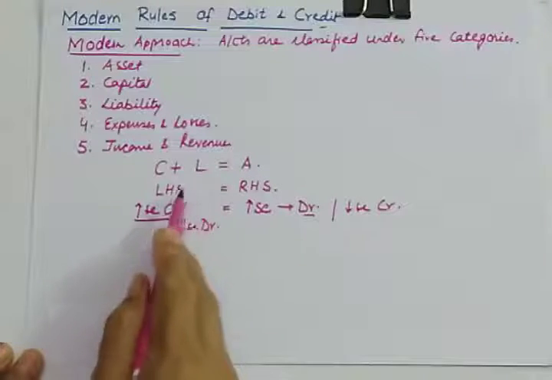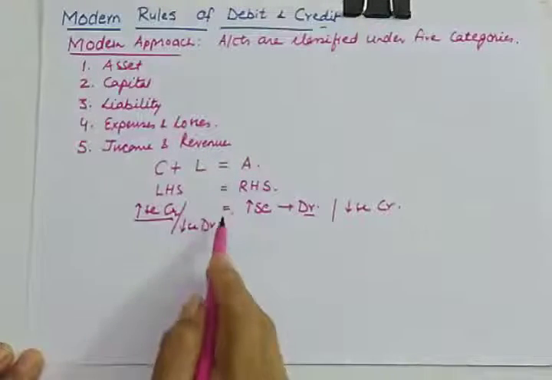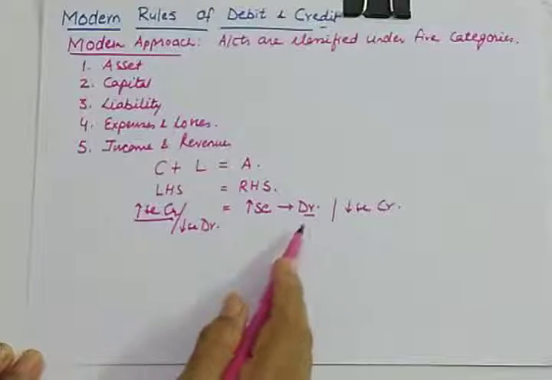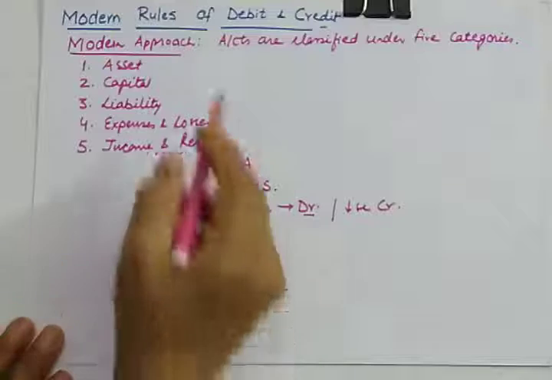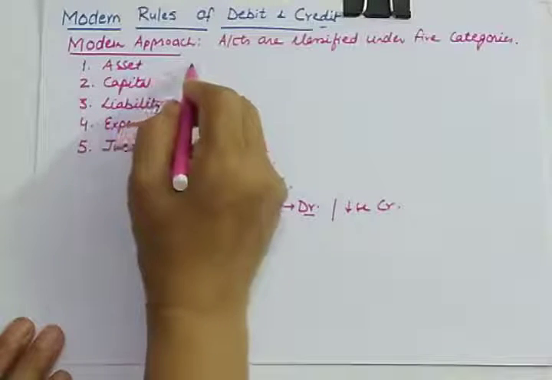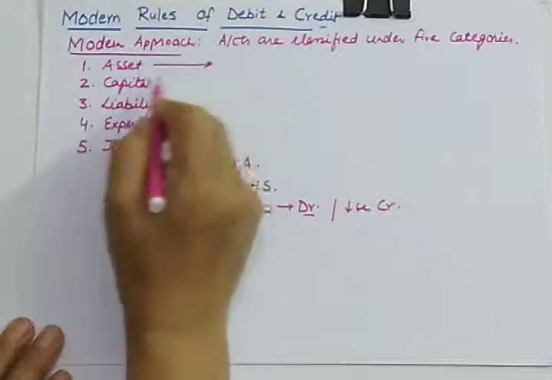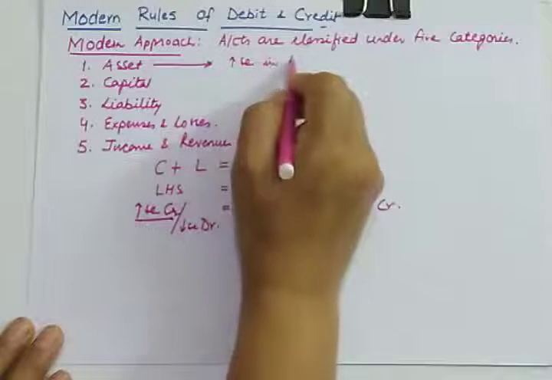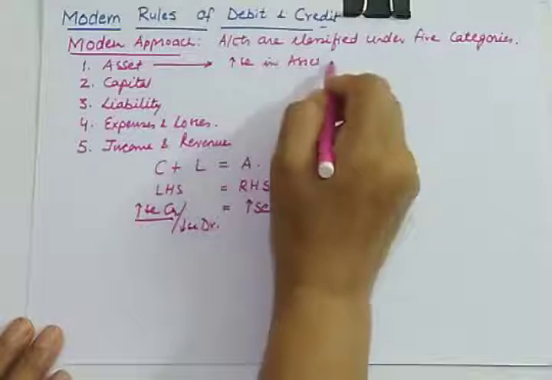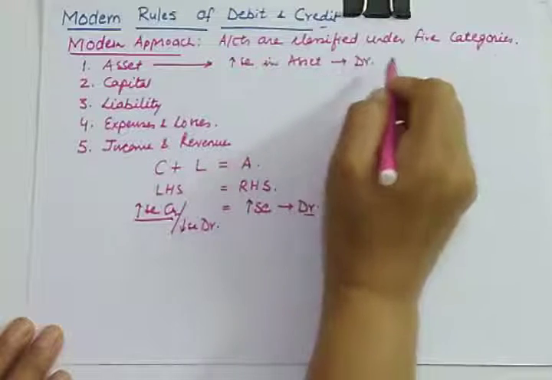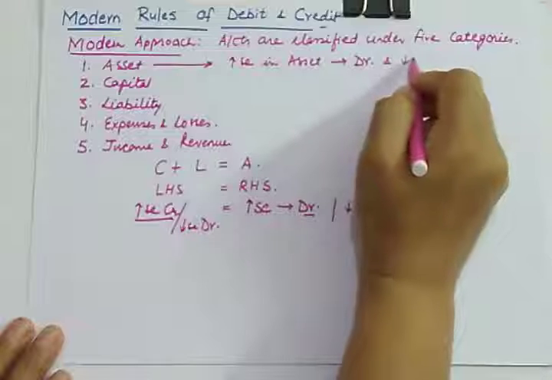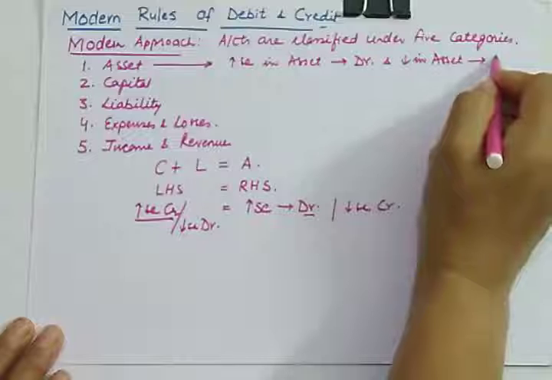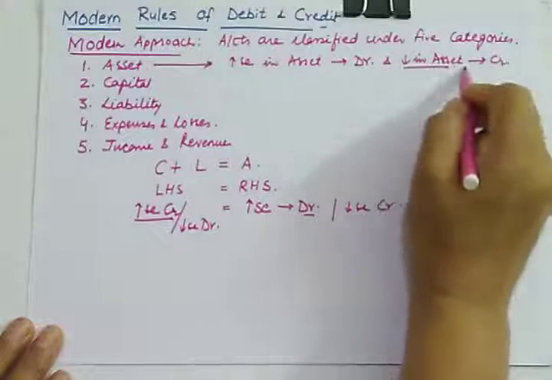So you can say that this modern approach is also based on the accounting equation. Somehow we are able to apply the accounting equation. Here you can write down the rules. If there is an increase in asset, it will be debited, and a decrease in asset will be credited.